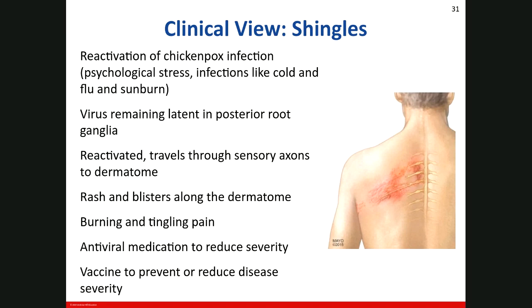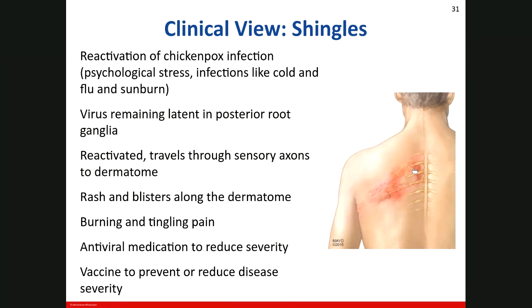And we have a disease which we call shingles. You know that sometimes the chickenpox virus infection becomes reactivated during adulthood. The virus of chickenpox comes to the body and doesn't show the symptoms of the disease during childhood.